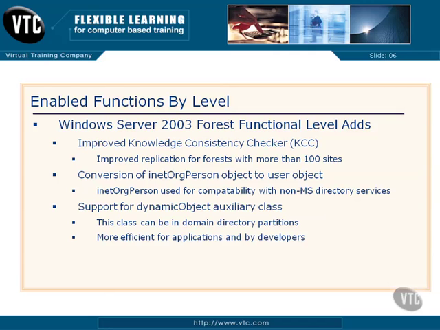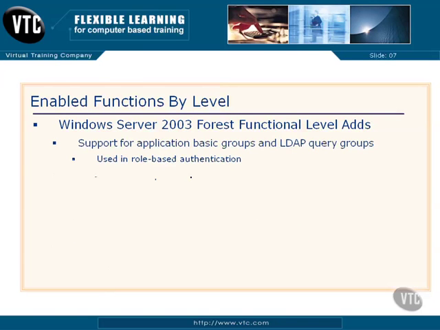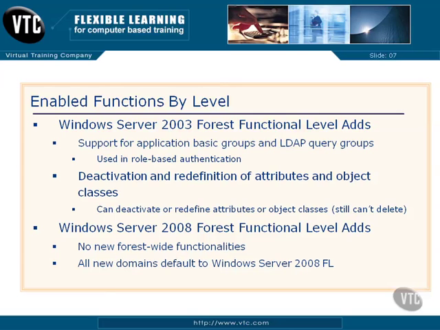This helps the applications that are using it, and it also helps developers who are writing applications that store and read things in Active Directory. Notice right here, Windows Server 2003, you get support for application basic groups and LDAP query groups, and this is all part of that role-based authentication.